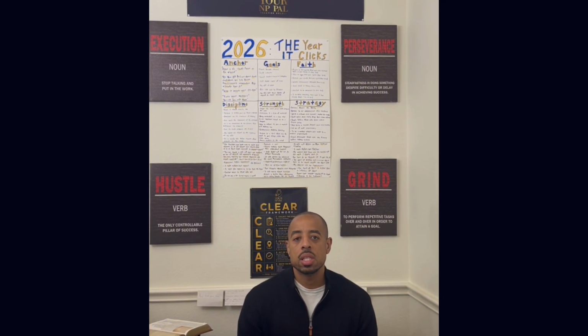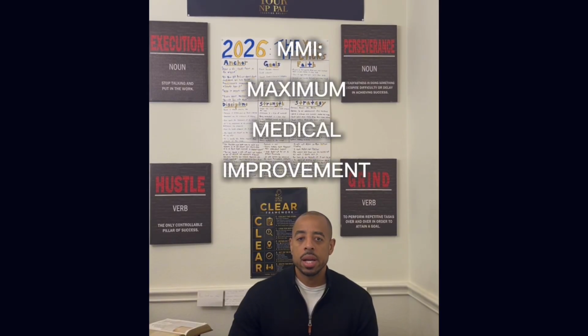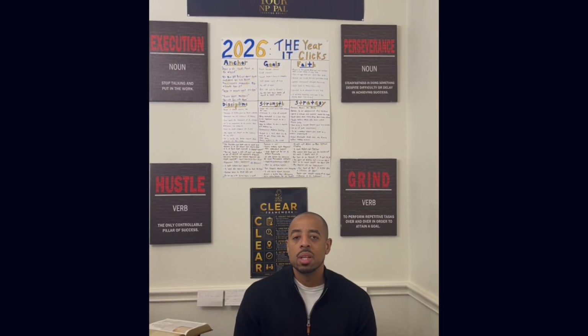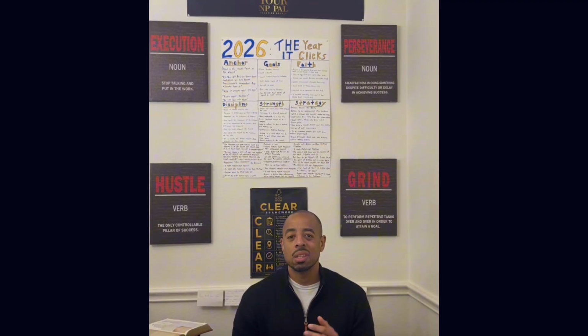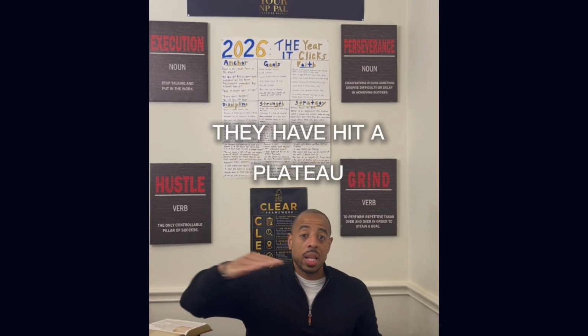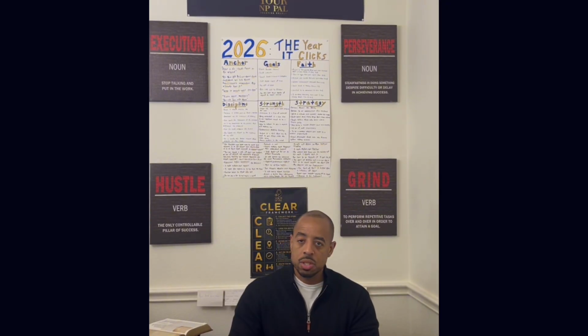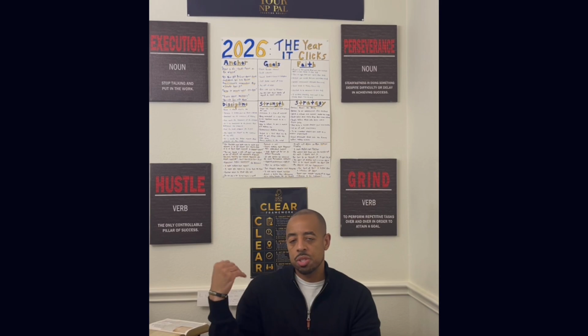The next one is the MMI, Maximum Medical Improvement. Basically, this is when the patient is just not getting better, all right? So again, months into the case, they've had imaging, they've had PT, and they've hit a plateau at some point. Whether it's an ankle, wrist, or shoulder, it's just not getting better.